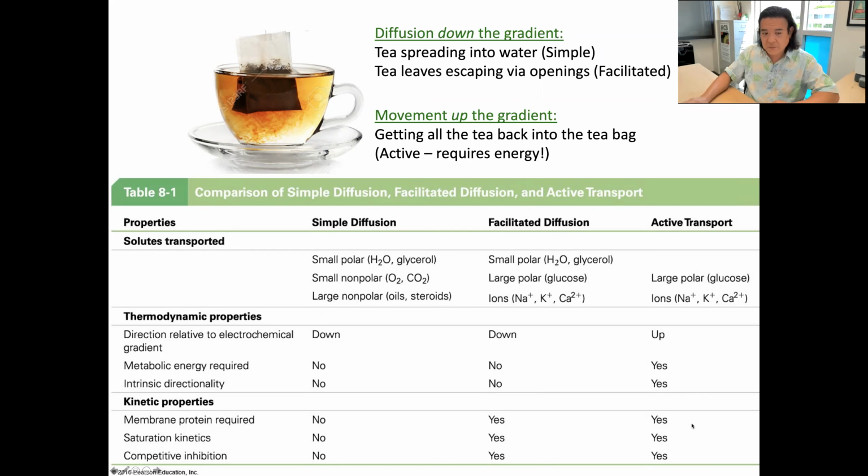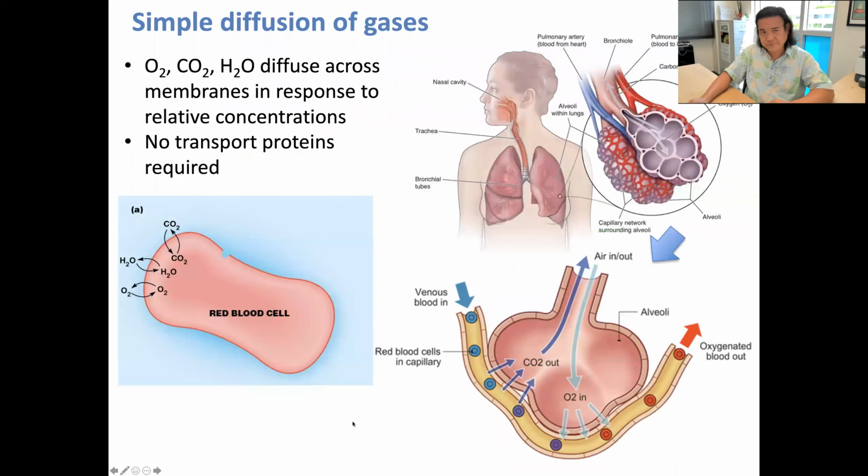Kinetic properties, are there membrane proteins required? Yes. Saturation kinetics, yes. Competitive inhibition, yes. There's the opportunity for those as well. All right. So talk your way through this table, and it'll help you understand the content of this lecture and the next. Let's look at some examples.